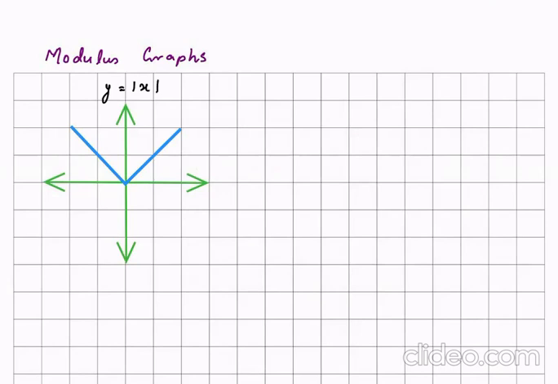The general form is y equals a times modulus of x minus h plus k. In this, h comma k is the vertex and a represents the gradient of the modulus.